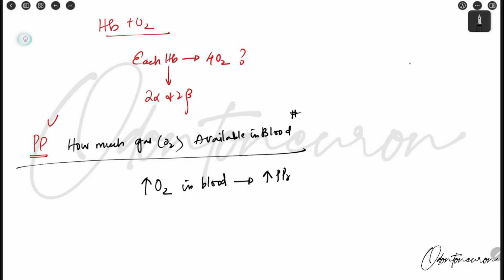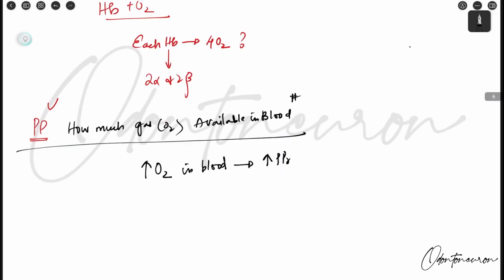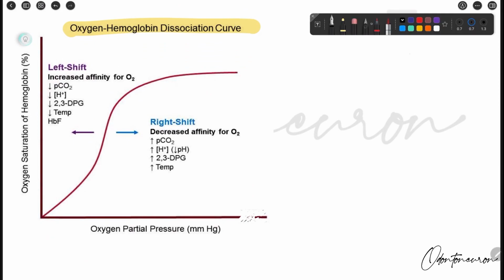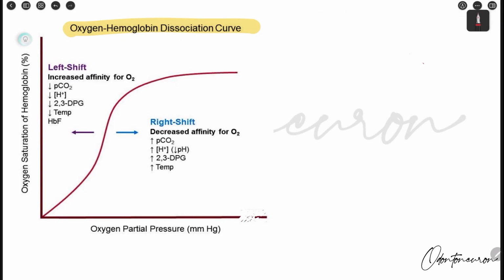Now, with this, we came to a concept called the oxygen hemoglobin dissociation curve. Clear? Now, what is right shift and what is left shift? Right shift is when O2 is less bound to Hb.